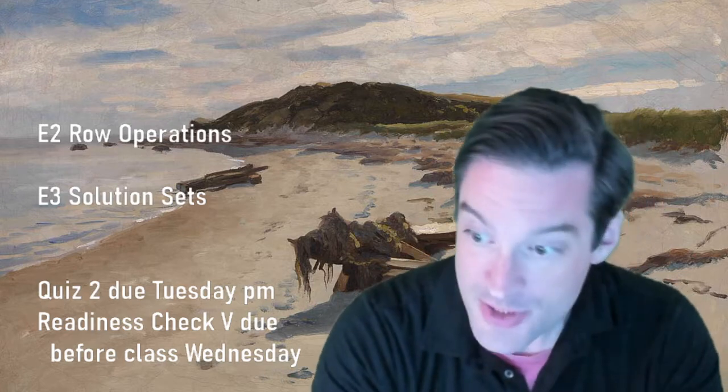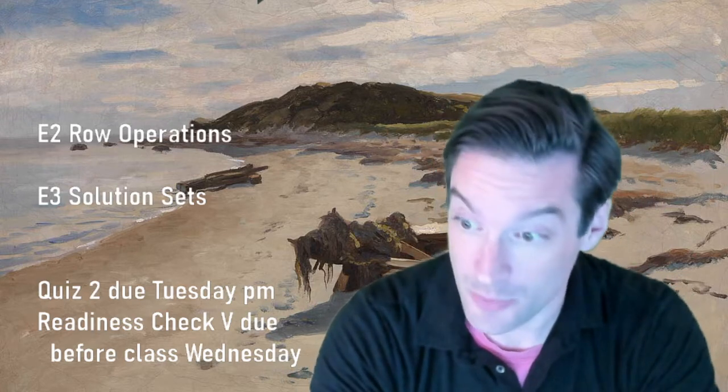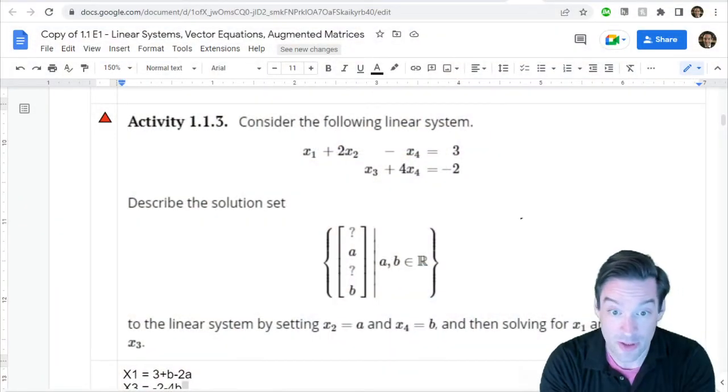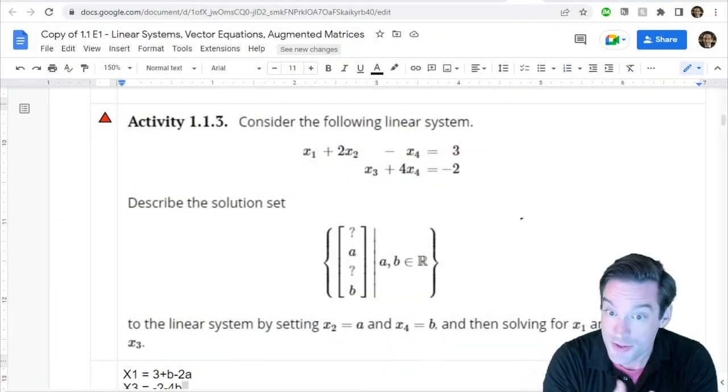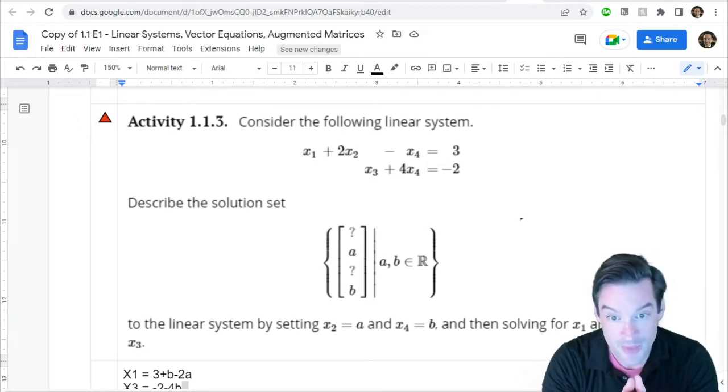And we've gotten our first taste of it already as the last activity that we did from the first section 1.1. So here's what that activity looked like. They gave us a linear system that had two equations in it and which had four variables, x1, x2, x3, and x4.